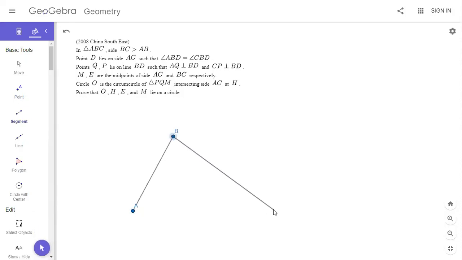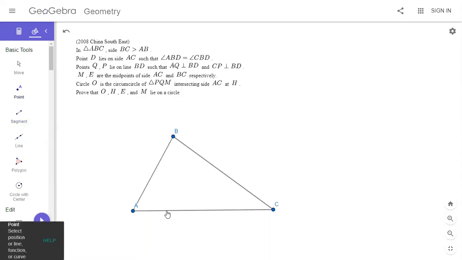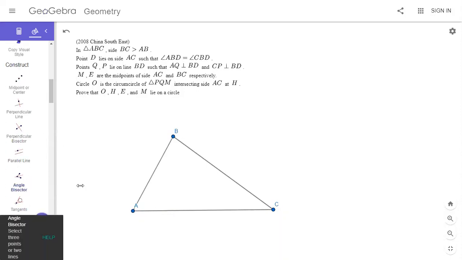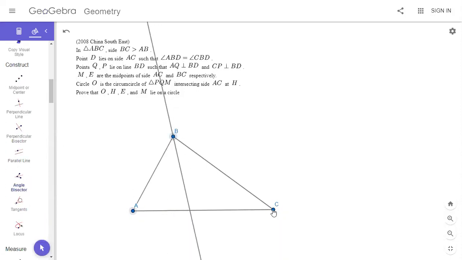All right. So D lies on AC such that ABD is equal to CBD. Okay, so they're isogonal. So here's often how I would do that. Oh no, it's angle bisector. Whoops.